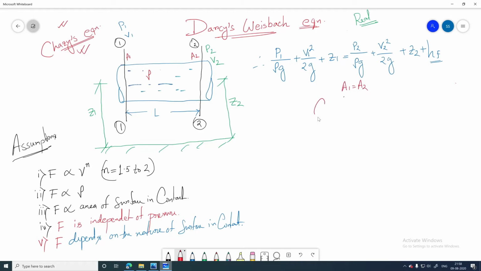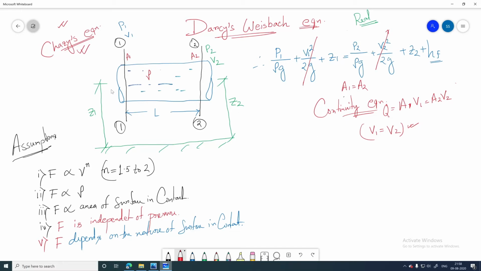And as per the continuity equation, A1 V1 equals A2 V2, that is Q equals A1 V1 equals A2 V2. So if A1 equals A2, definitely V1 equals V2, then only this equation will be satisfied. So these two velocity terms will cancel, right?